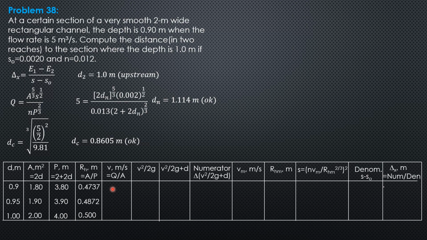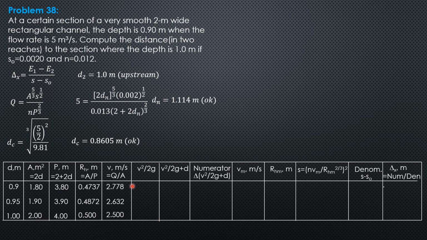Velocity is Q over area. So at this section where the depth is 0.9, 5 divided by 1.8 is 2.778 meters per second. 5 cubic meters per second divided by 1.9 is 2.632. And 5 divided by 2 is 2.500 meters per second.